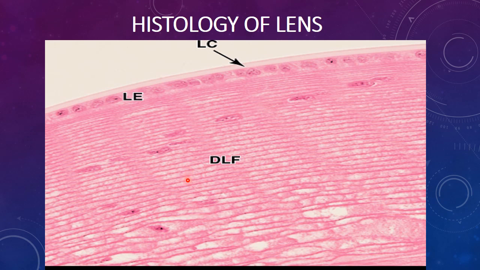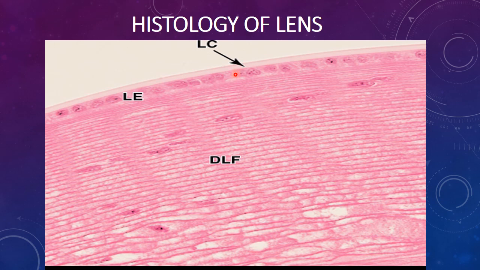The lens is actually a transparent structure, but if it becomes opaque for any reason, especially in old age, the opacity of the lens is known as cataract. In the young and in children, this opacity can be because of exposure to ultraviolet radiation, and diabetes mellitus is also one of the main causes to make it opaque, and that condition is known as cataract.